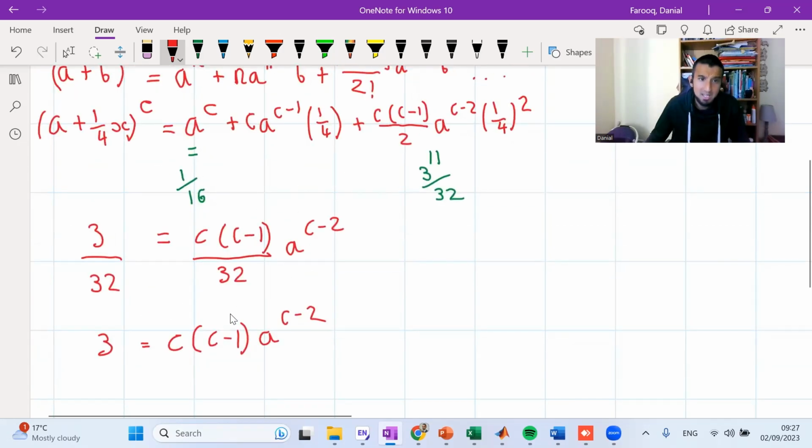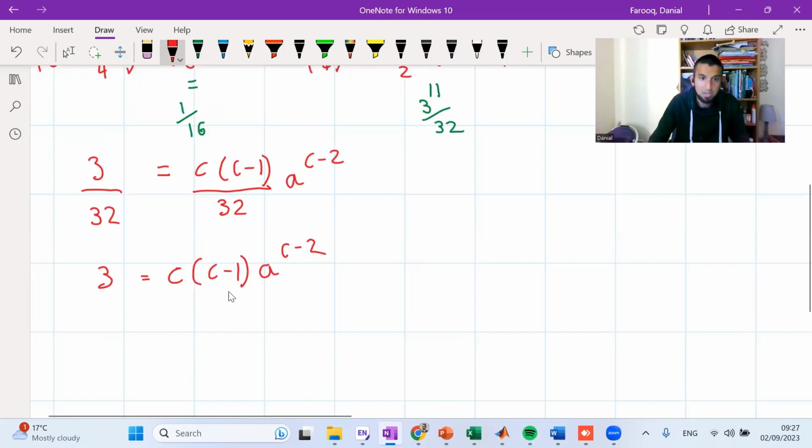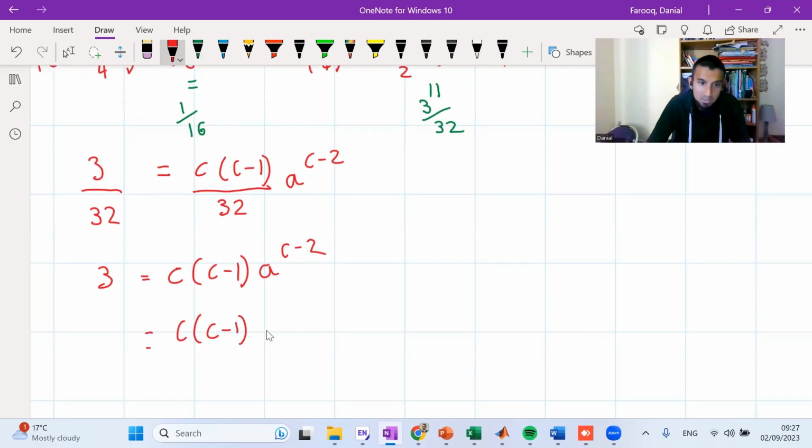So what we can do instead is write a^(c-2) as a^c divided by a squared. So this would be c(c-1) a^c over a squared, which will equal 3. We know a^c is 1/16, so that will become 16a squared.